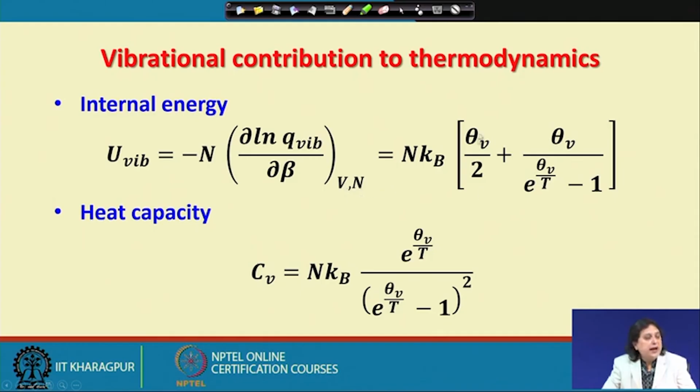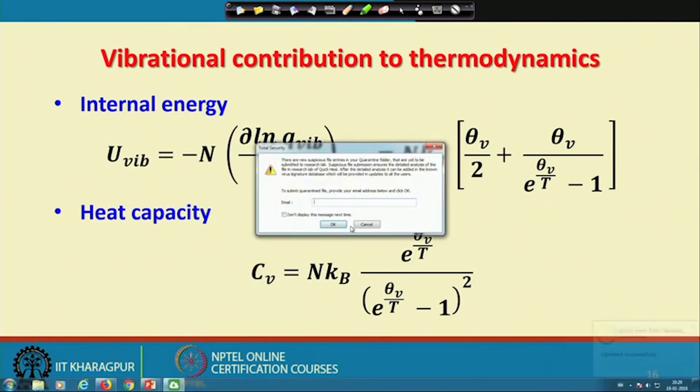You see that what I have is one term which is theta v by 2 plus some term which is coming here, okay? And the heat capacity then takes up the following form. So, these terms were not there when I talked about the monatomic case. You can go back and check that very easily.